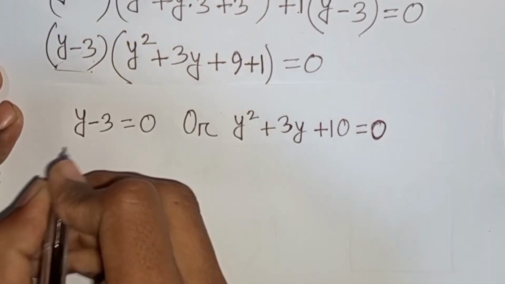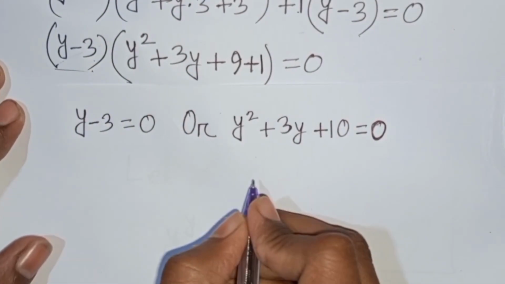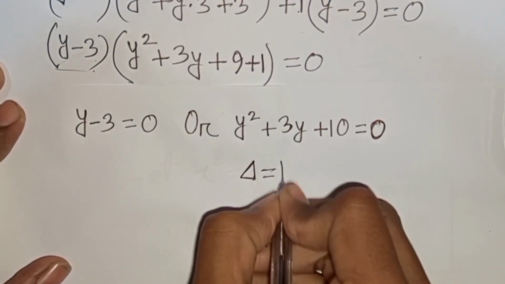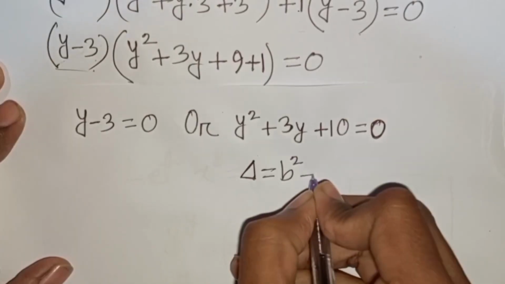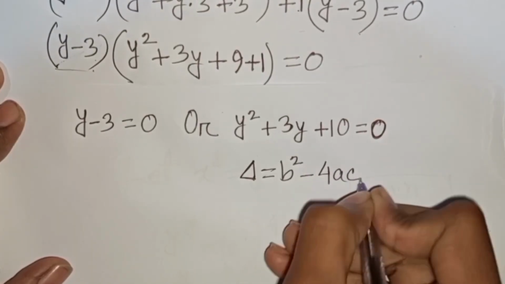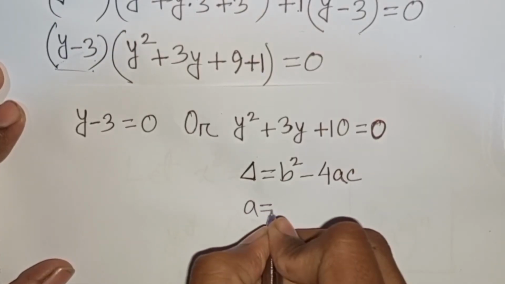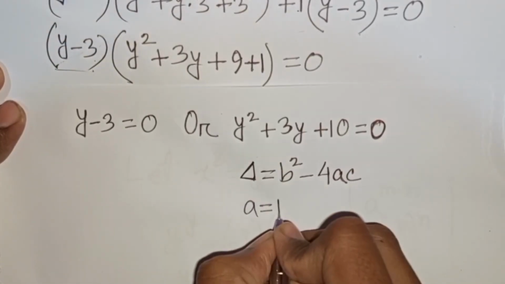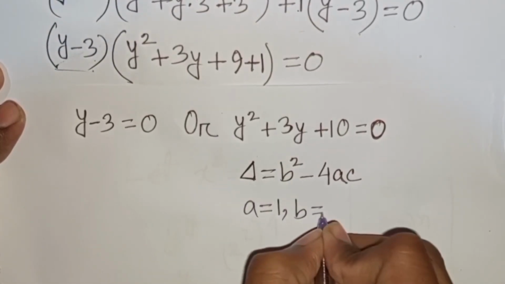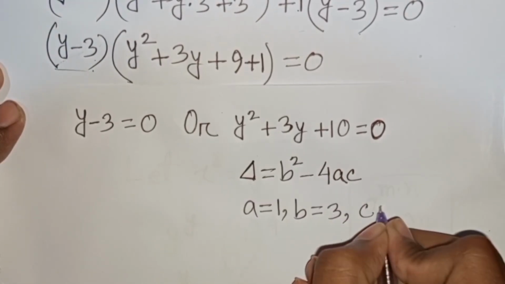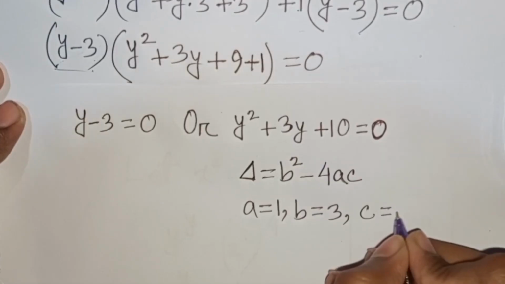Now here you can apply discriminant formula, so you can write here delta is equal to b square minus 4 ac. Here a will be equal to 1, then b will be equal to 3, after that c will be equal to 10.